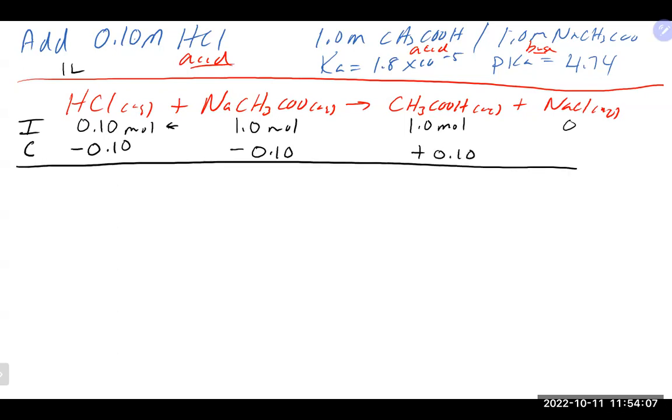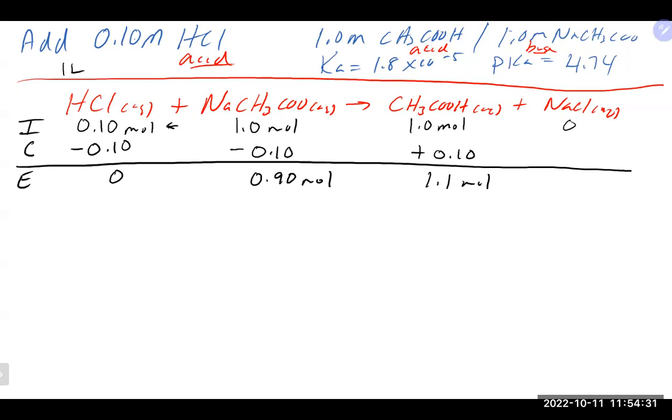That means when we reach equilibrium, we will have 0 here, 0.9 moles here, and 1.1 moles here.